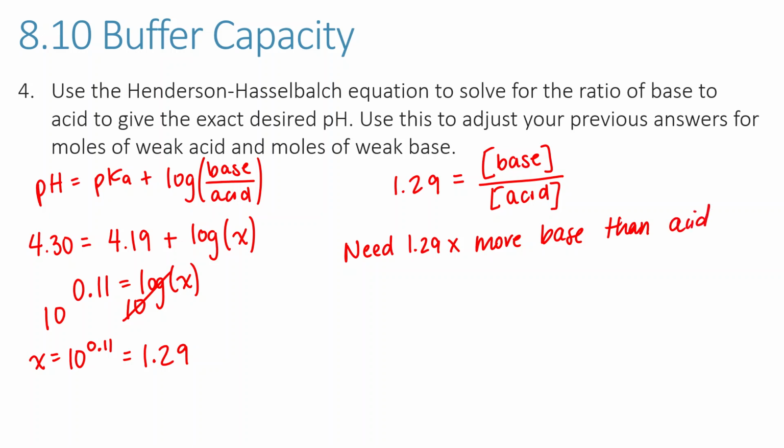So from our previous calculations here, if we were going to make, say, a liter of solution, I know that I need at least 1 millimole of each of these. So I would need 1 millimole of my benzoic acid, and I'm going to need 1.29 millimoles of my sodium benzoate.